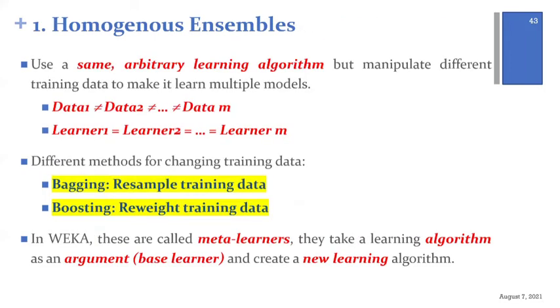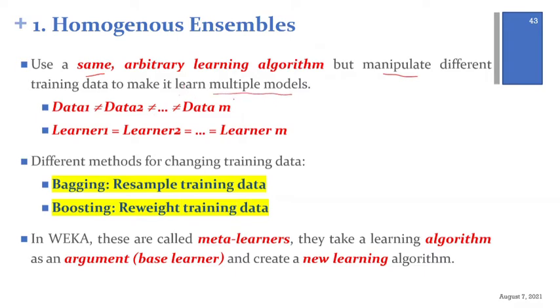However, when we look at the homogeneous ensemble, just pay attention to this simple mathematical setup. In the homogeneous case, we use the same arbitrary learning algorithm, but you manipulate different training data to make it learn multiple models.